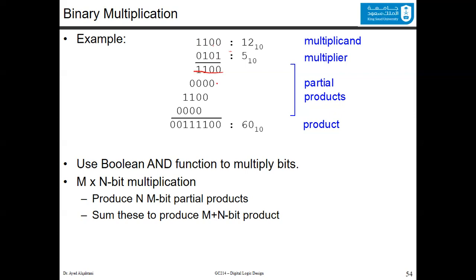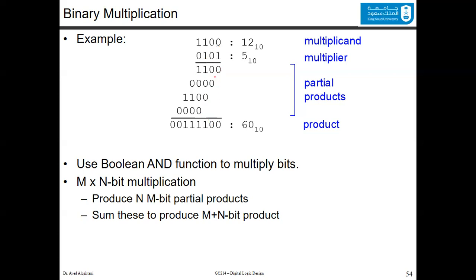And then we shift. 0 times anything is actually zeros, which tells us something fairly easy. If the multiplier bit is 1, then you copy the same multiplicand. If the multiplier bit is 0, then you zero everything, and you keep shifting as we studied.